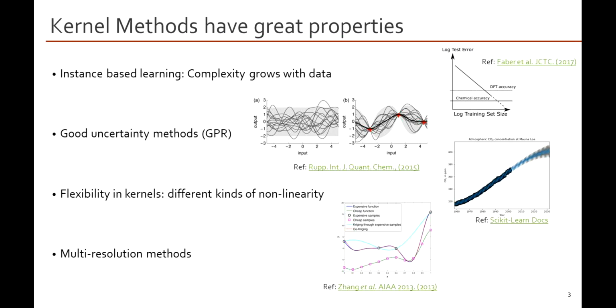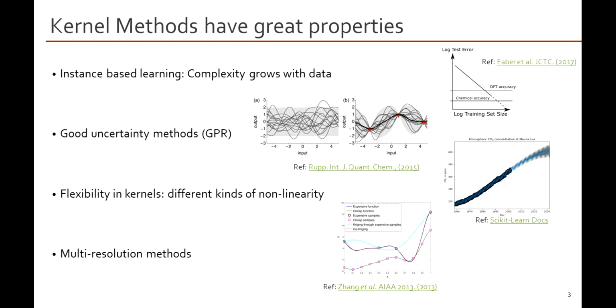In fact, in kernel ridge regression, you get 1 parameter per data point. So this gives you models that naturally become more accurate the more data you train them on. And you can often find a linear relationship between the log of your training set size and the log of the test error, which is excellent.